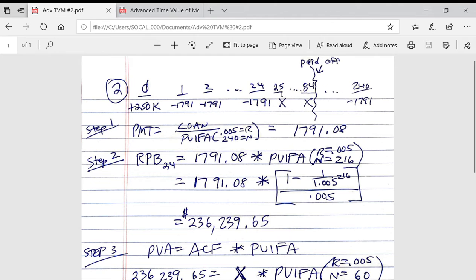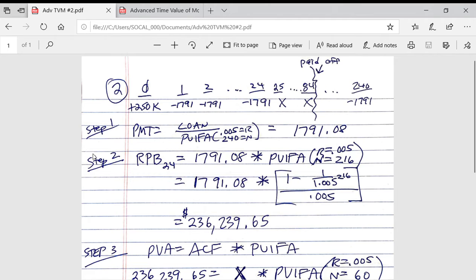So beginning at date 25, we'll make 60 payments, and that means we will have our last payment at date 84. And the amount shown here is X, and the loan's paid off at X. So the idea here is if we make a payment of a total of X dollars at date 25 and 26 and 27 all the way to 84, when we make that X dollar payment at date 84, the loan will be paid off. Okay, so let's see how we do that.